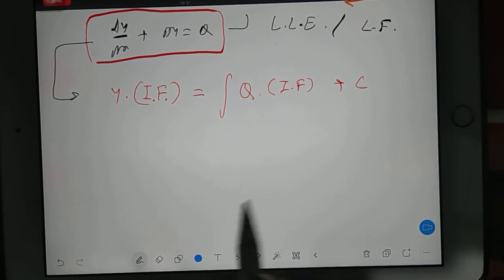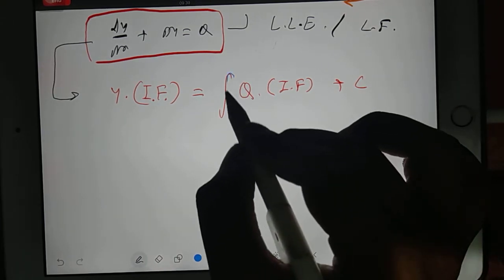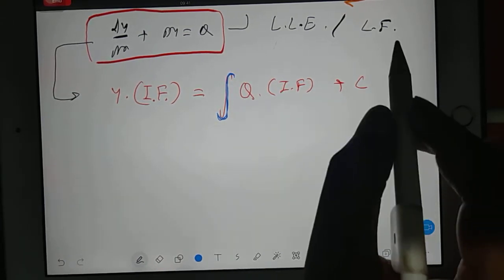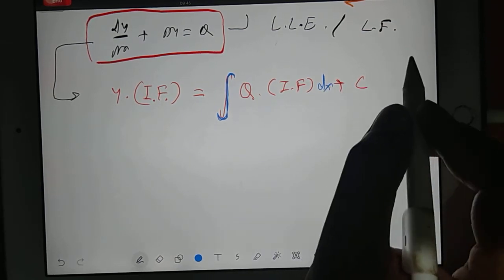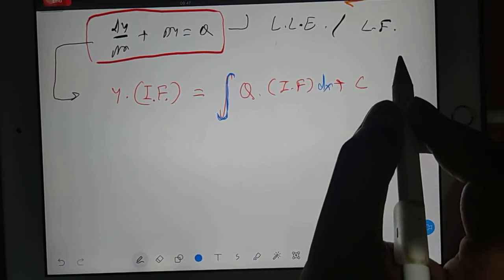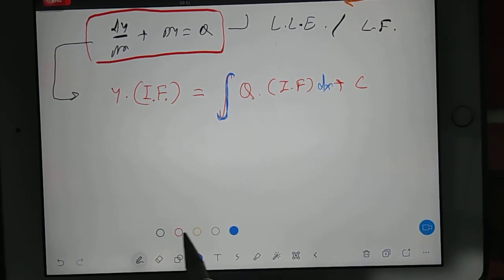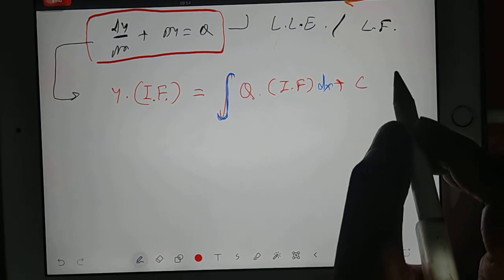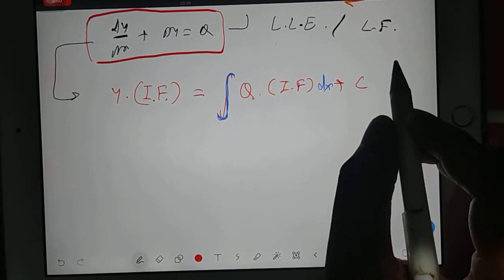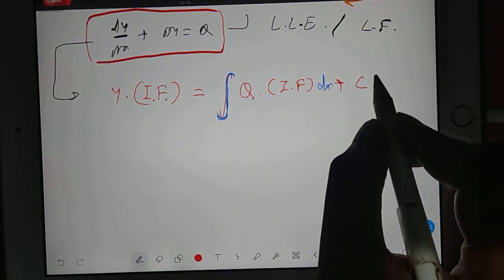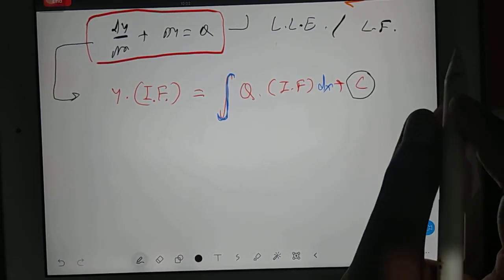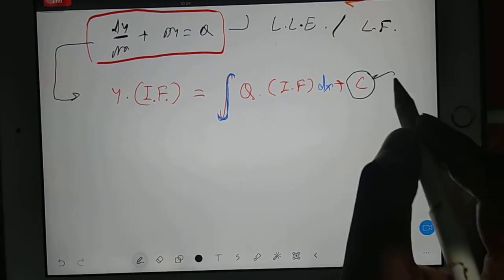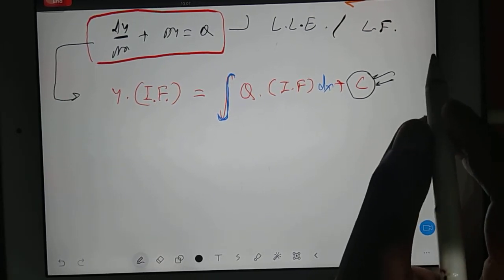And remember, this integration we will be doing for x, so that dx part I am not writing here because I want to make the answer easy. Now see, this c will be any constant. This is the same constant that we get in our usual integrations.